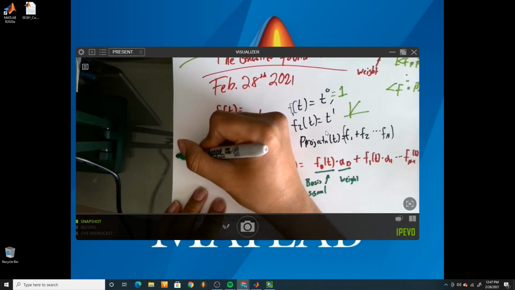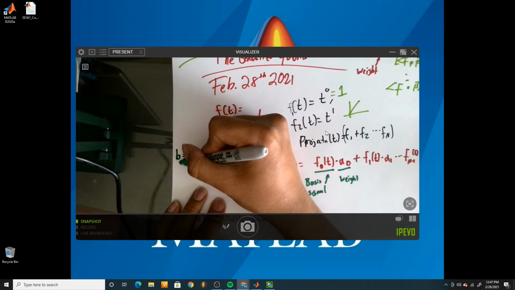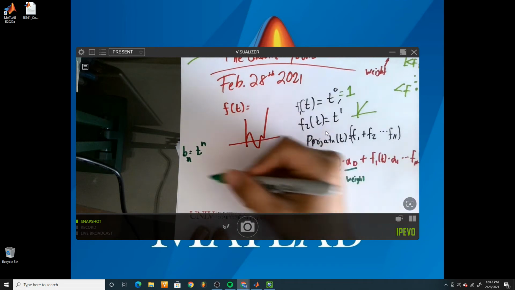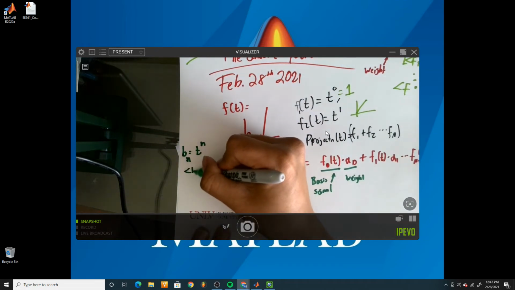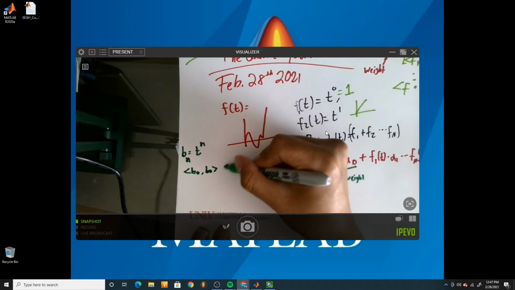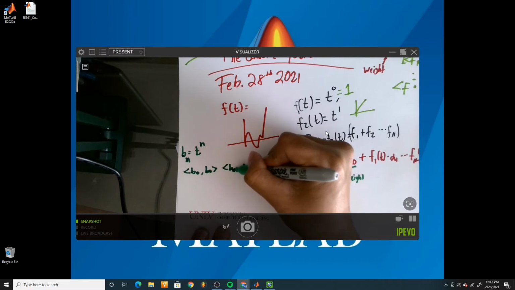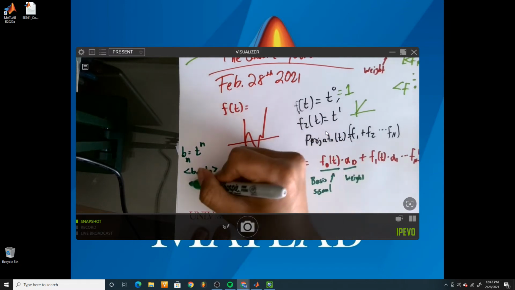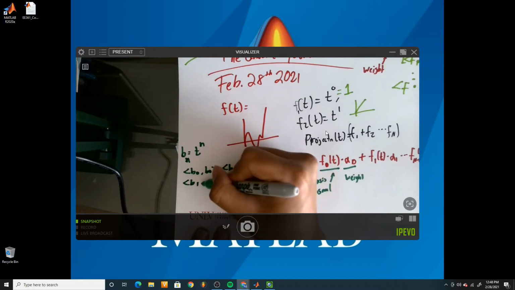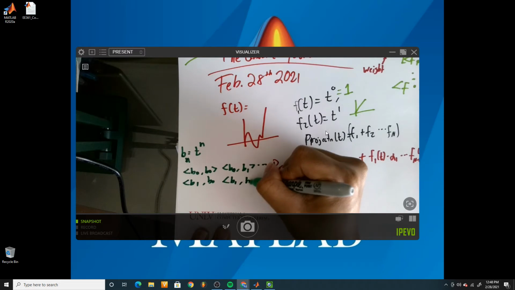So our basis function, I'm just going to call it b of n, lowercase, is t of n. There we go. And we want b of 0, b of 0, and then b of 0, b of 1, dot dot dot, and then b of 1, b of 0, b of 1, b of 1.